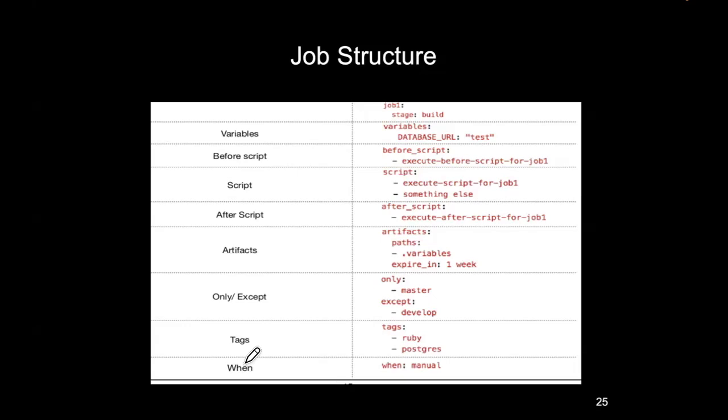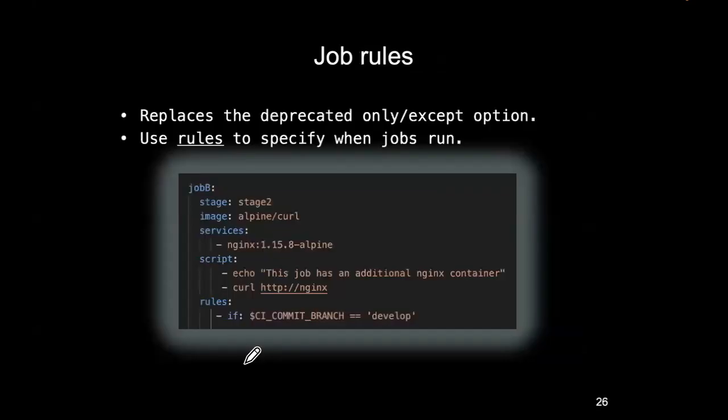It halts, or suspends, the entire pipeline, and it waits for a human to come along and click a button to say, you can now execute this job. And it executes that job, and any subsequent jobs after are executed automatically as well.